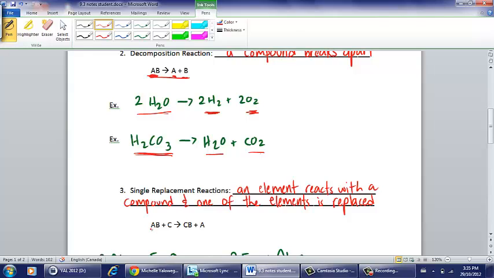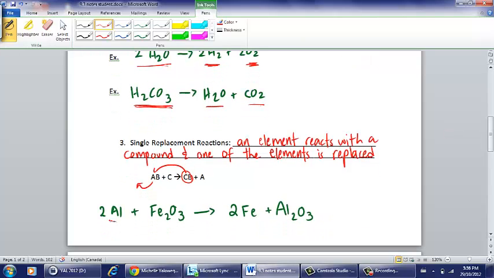Here we have AB, a compound, plus C. C is going to come in and replace A. So C will come in, replace A. A will be kicked out. And then you'll be left with CB and A. So A will be left on its own.